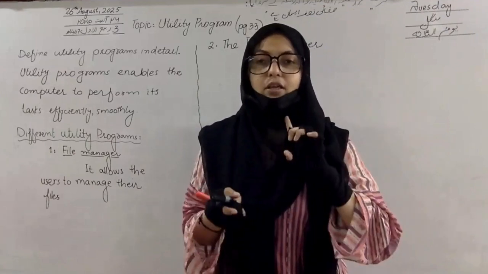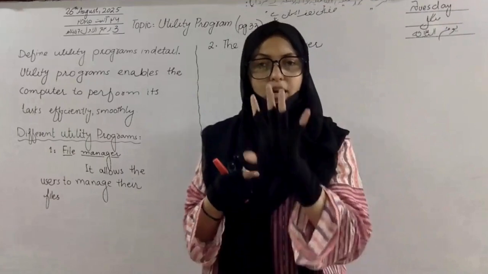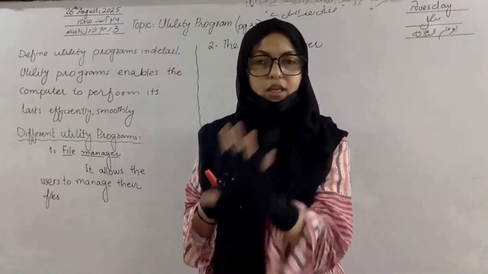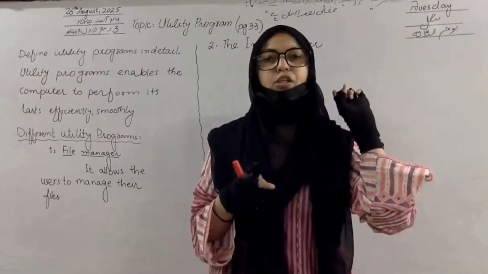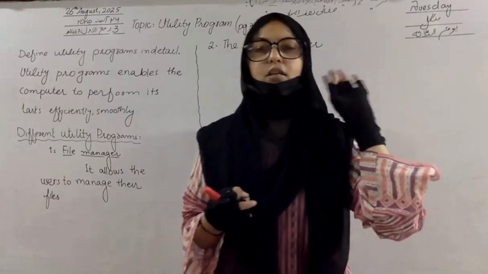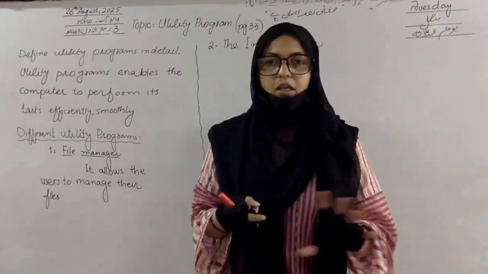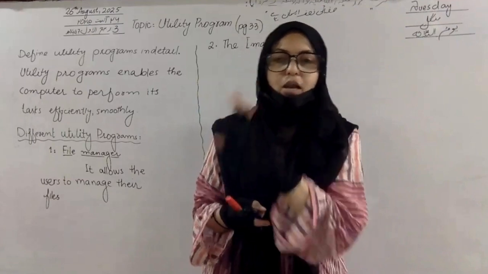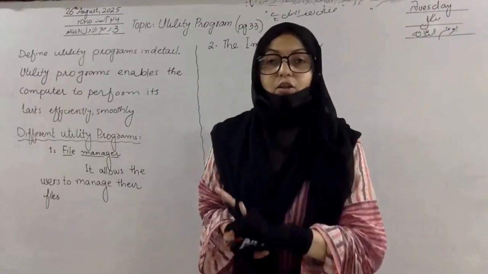Okay, so you can use this if you are viewing any image, it means that this utility program is active in the backend. You can zoom in, you can zoom out, you can rotate, you can edit your images as well.